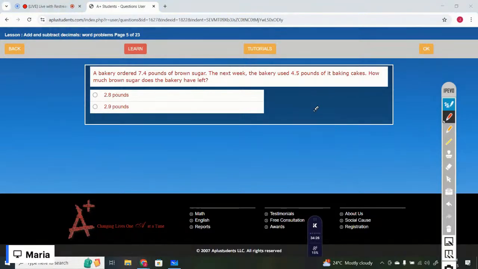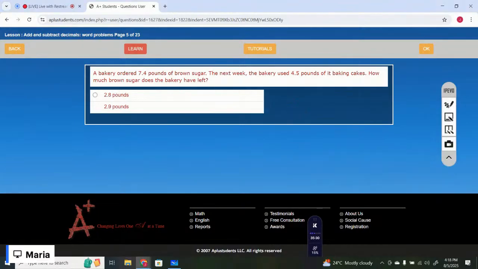So 7.4 minus 4.55, that is 2.9 pounds. Option number 2 is the correct option. 2.9 pounds it is.